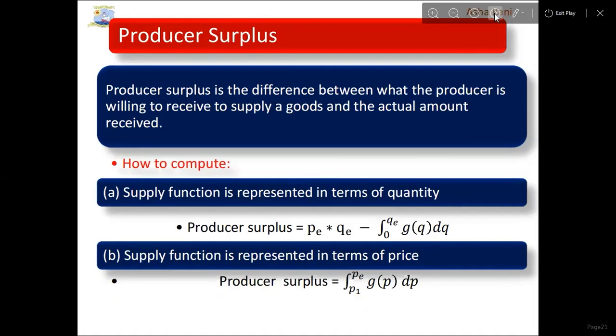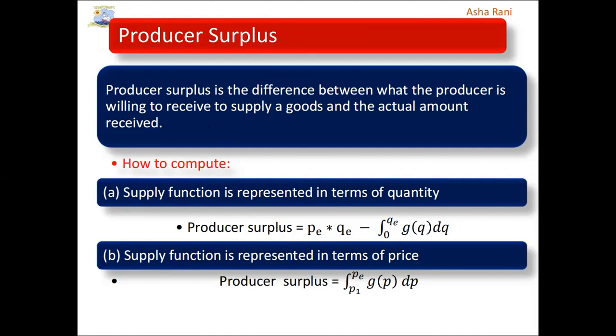Similarly, what is producer surplus? Producer surplus is the difference between what the producer is willing to receive to supply a good and the actual amount received. Literally, the profit of a company or producer is called producer surplus. So how do we compute this? The supply function is represented in terms of quantity, since the producer must supply the goods.